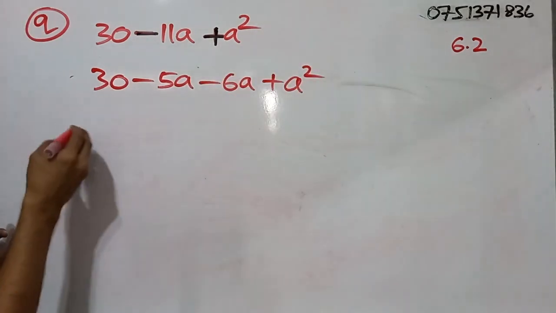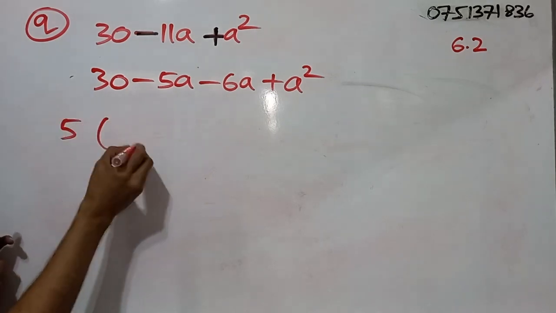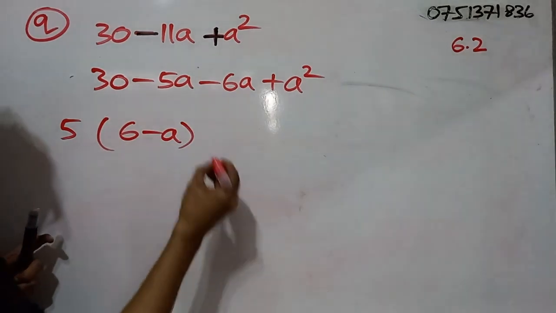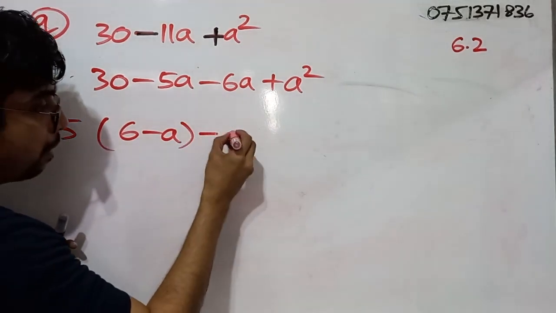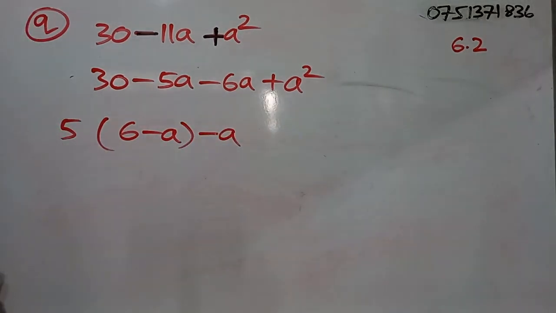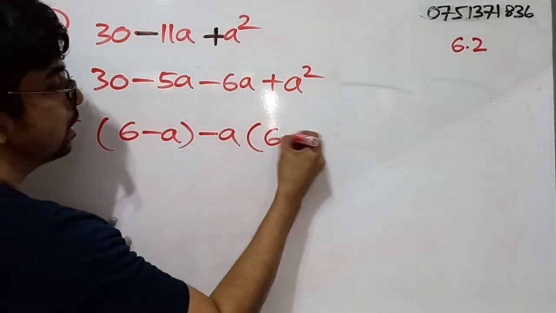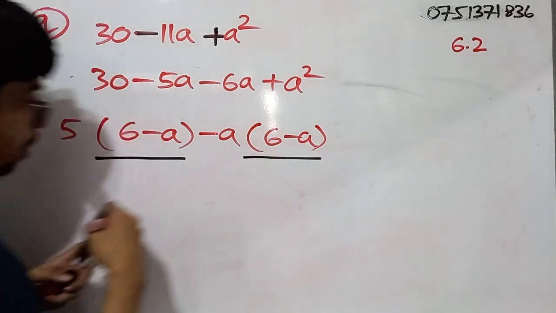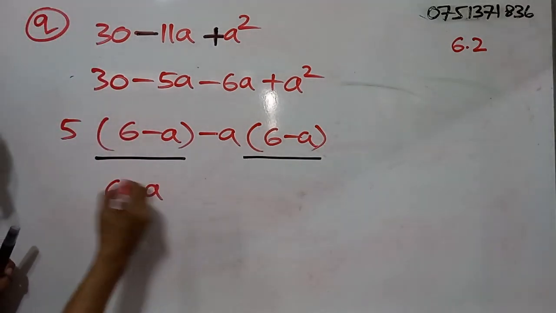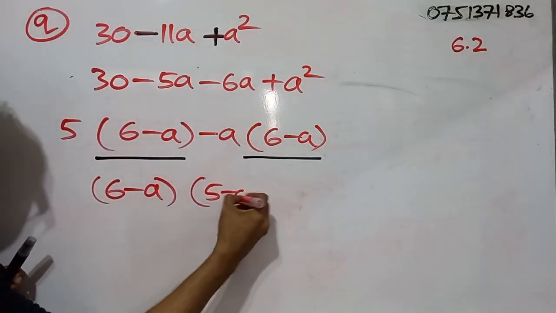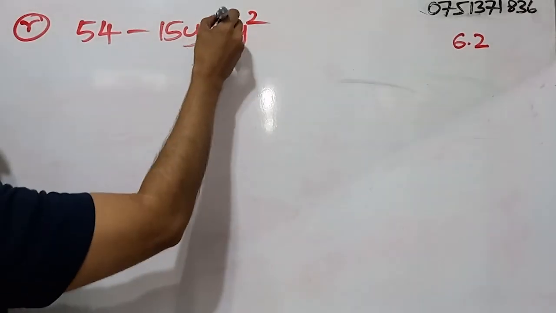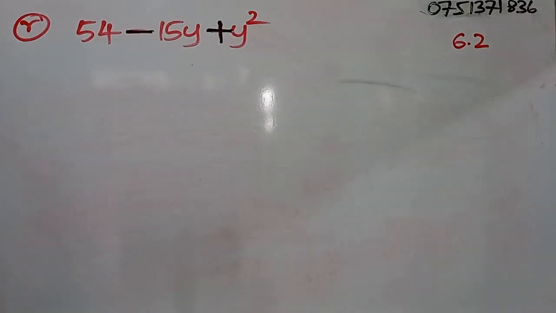So when we consider these two terms, the common factor is 5. So what goes inside? 6 minus a. When we consider these two, the common factor is what? Negative a. So what goes inside? 6 minus a. Now these two expressions are common. So 6 minus a, 5 minus a. That is the answer.